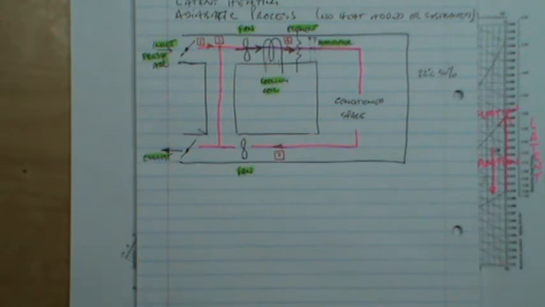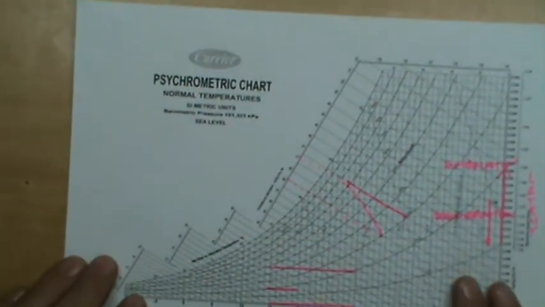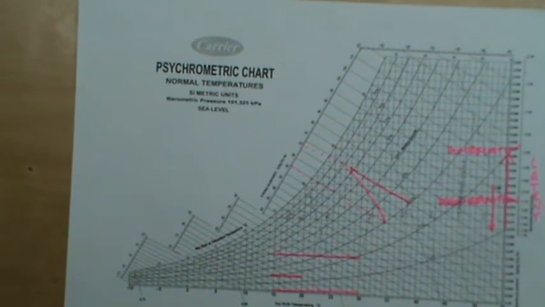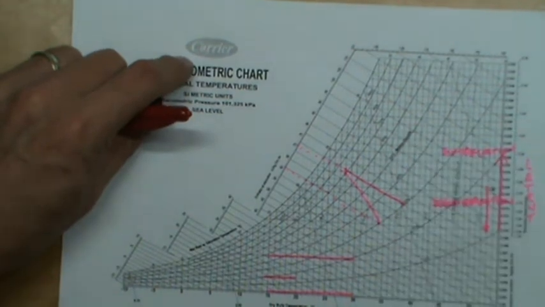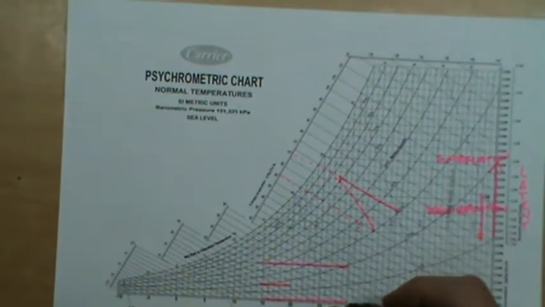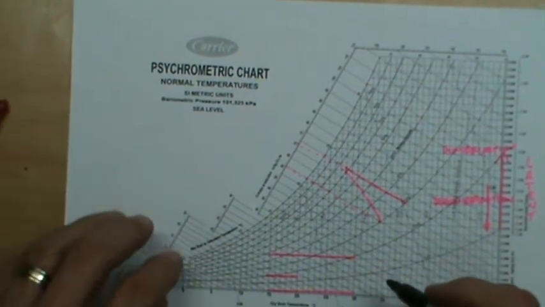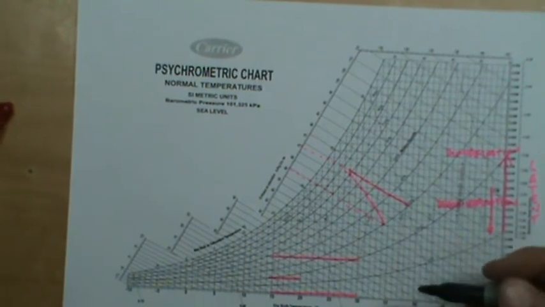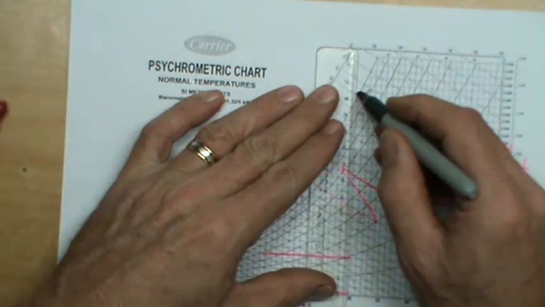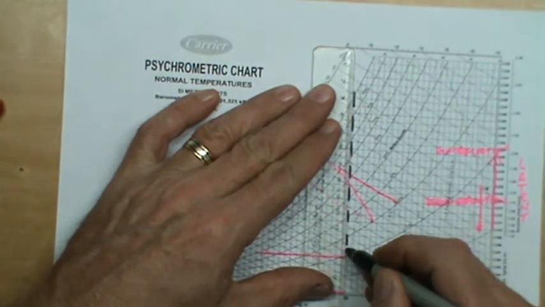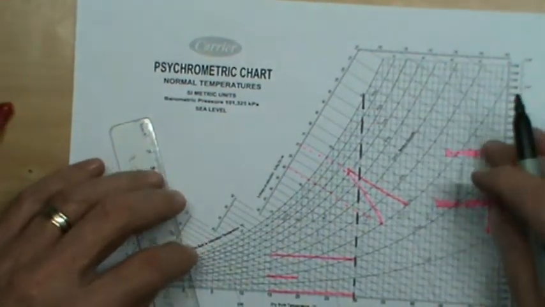Now, in any cooling that takes place, what happens is that, for argument's sake, we are at 30 degrees Celsius dry bulb, over there, and 25 degrees wet bulb.